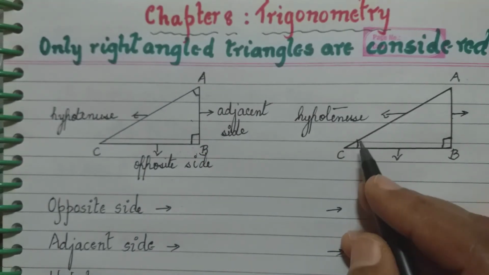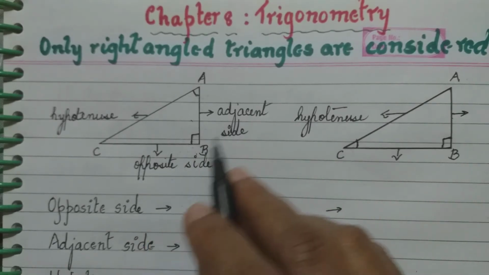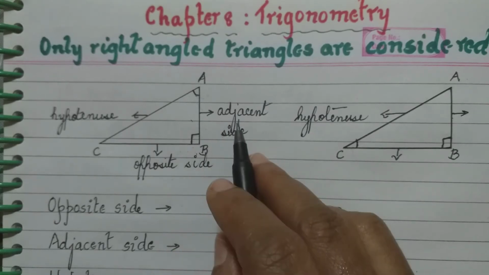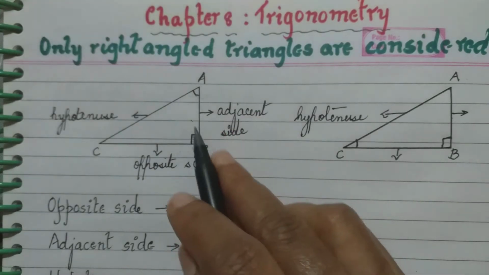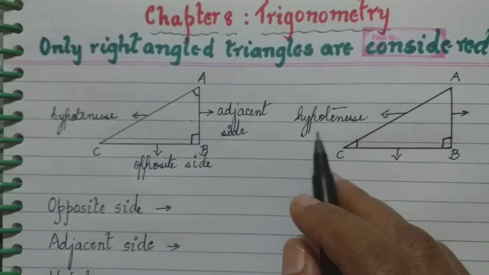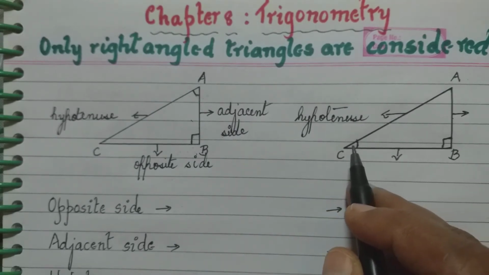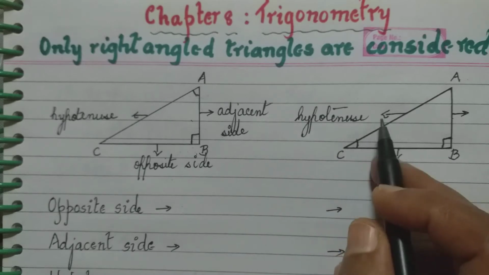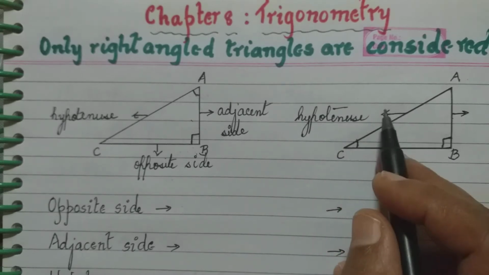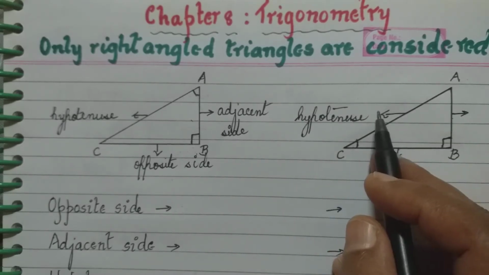So once this angle C is marked, we have to mark the other two sides, the adjacent side and the opposite side. First we mark the adjacent side, the side just next to the acute angle. Now we have two sides next to the acute angle, but AC is already the hypotenuse.